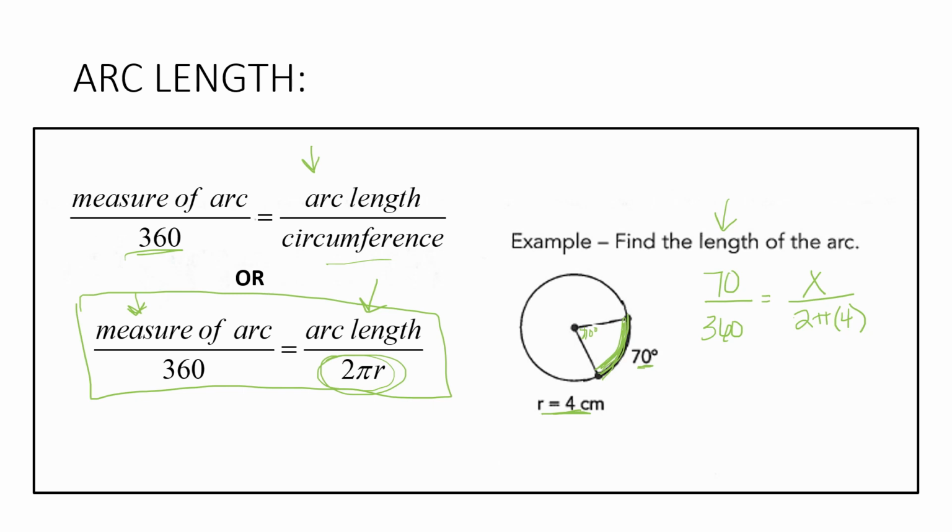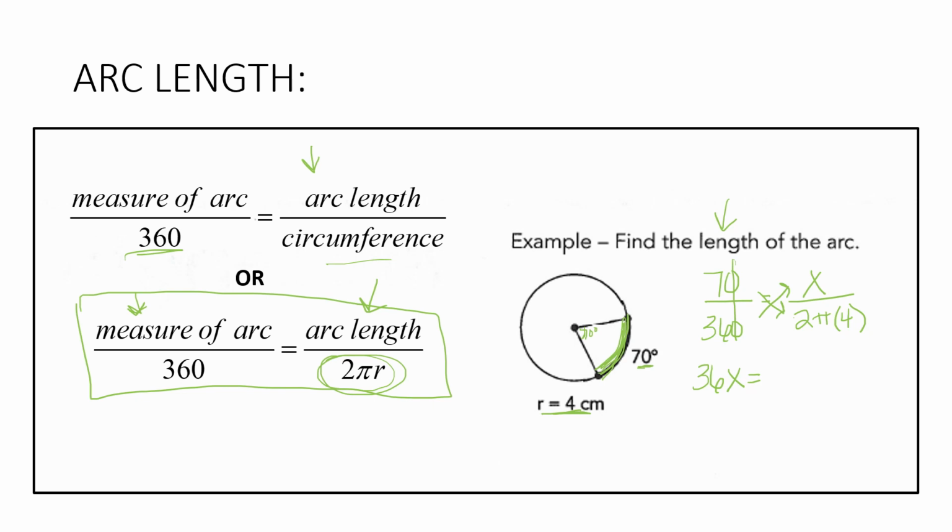So now this just becomes a proportion, and when we've done a lot of work with proportions here, we just know that from here I have to cross multiply to solve. So I'm going to simplify the left-hand side. I'm going to cross out those zeros so I have smaller numbers to work with, and from there I'm going to cross multiply. So 36 times x would give me 36x equals, now I have 7 times 2, but the 2 is also being multiplied by 4.